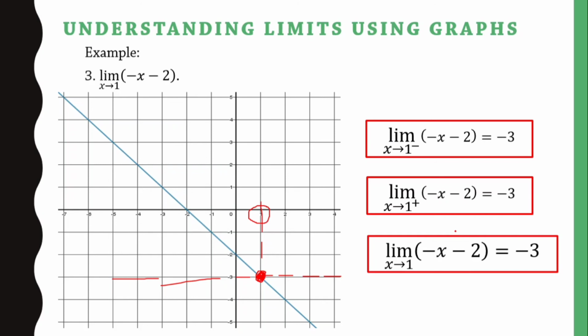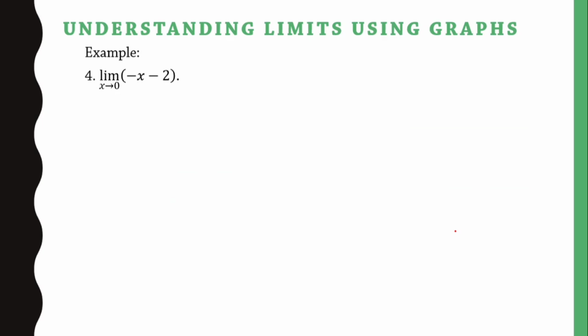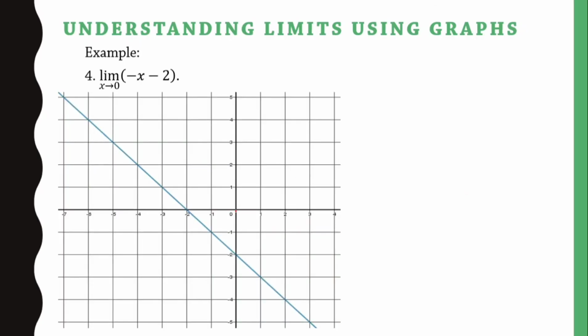And the last example, we have the limit of negative x minus 2 as x approaches 0. Again, we look for 0 on the x-axis. This is 0. From the left and from the right, what value of y does it approach as the value of x approaches 0?